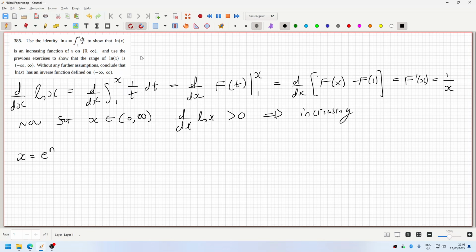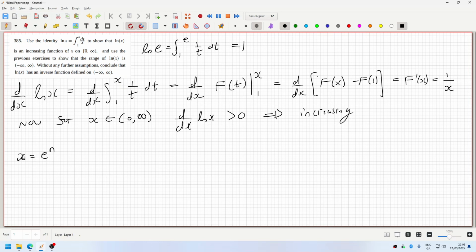And I think we can use the fact that log e equals 1, because log e would be the integral from 1 to e of 1 over t dt, which we can take as a fact because that's nearly a definition of e.